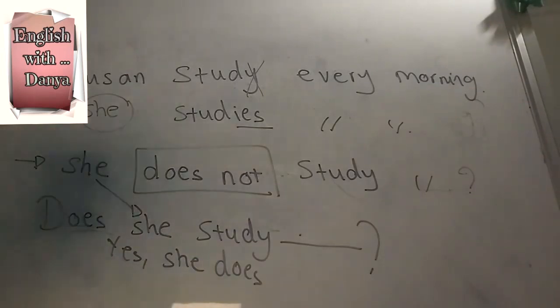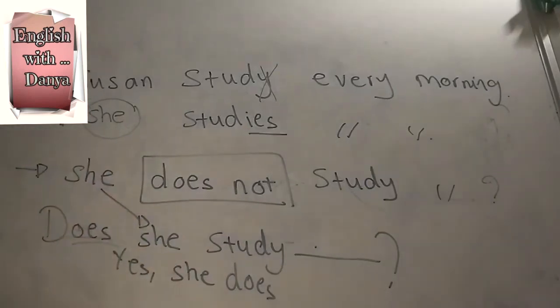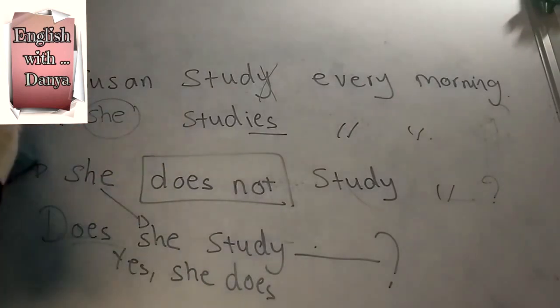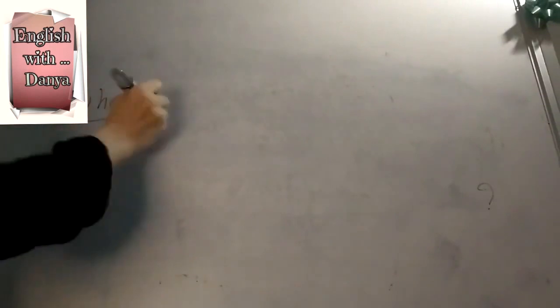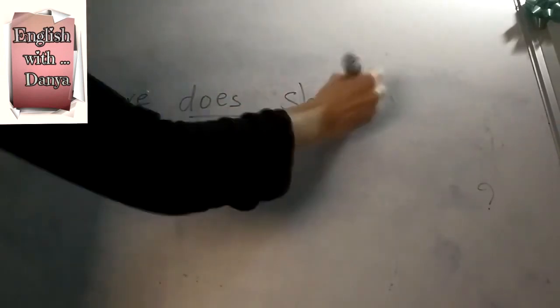But if you want a detailed answer, let's say you want to know where, we'll say, where does she study? We use where in the question, followed by does, where does, and then she study.